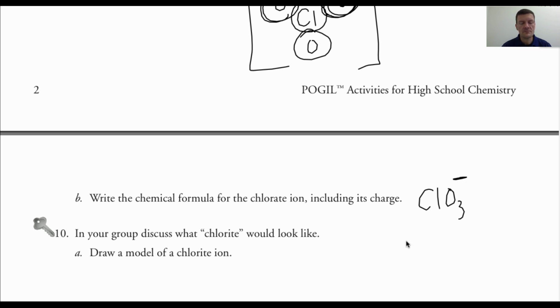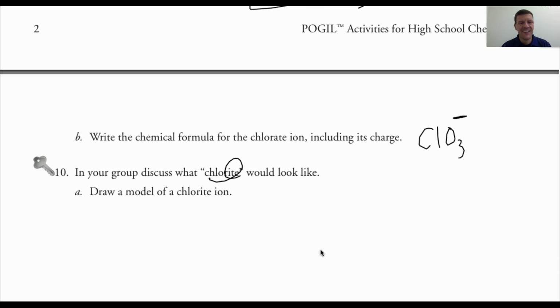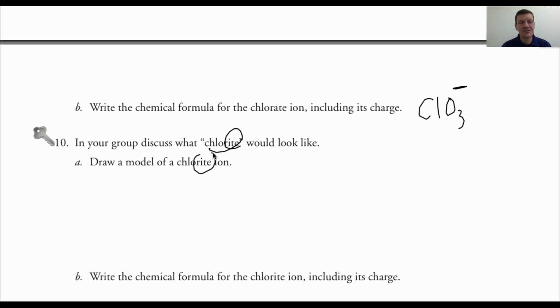Okay? In your group, discuss what chlorite would look like. If this is chlorate, chlorite we learned has always 1 fewer oxygens. There's not a set number of oxygens for the ate or the ite. It's just that we always know the ite is always 1 fewer than the ate. Okay? So the ite here is going to look very similar to the ate, but it's only going to have 2 oxygens.